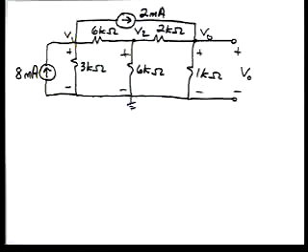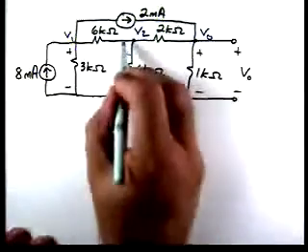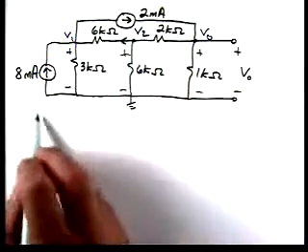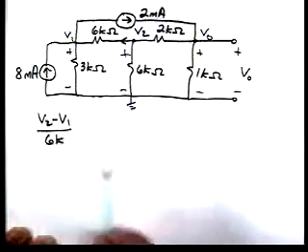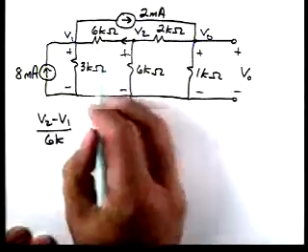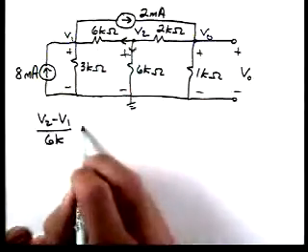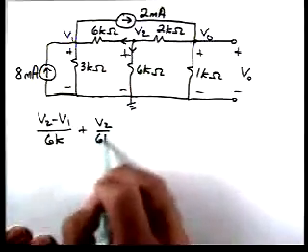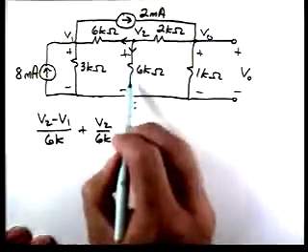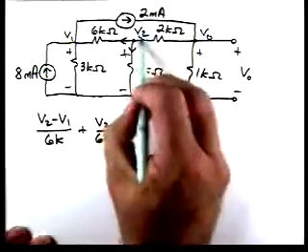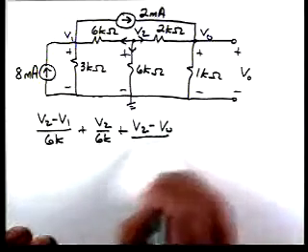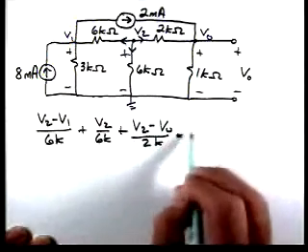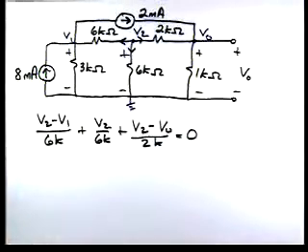Now let's apply KCL at this node. So if I want current leaving, so I have V2 minus V1 over 6K. That's the current leaving in that direction. Then we'll have V2 over 6K, which is current leaving down. And then out to the right, we'll have V2 minus V0 over 2K equal to 0.